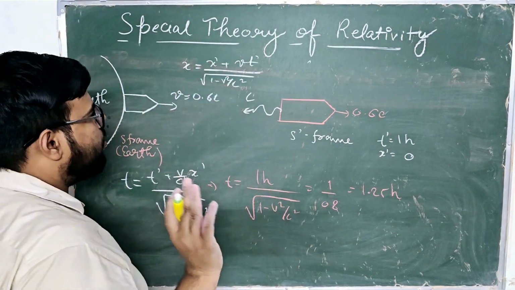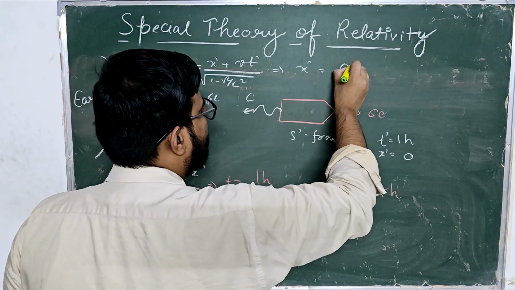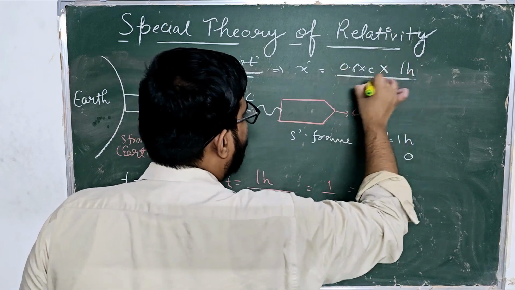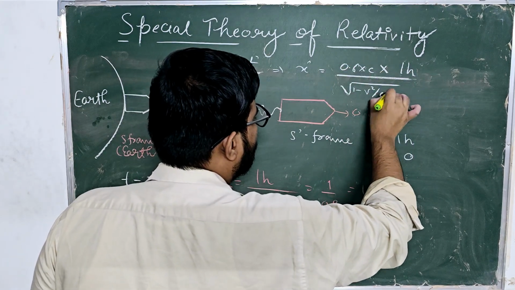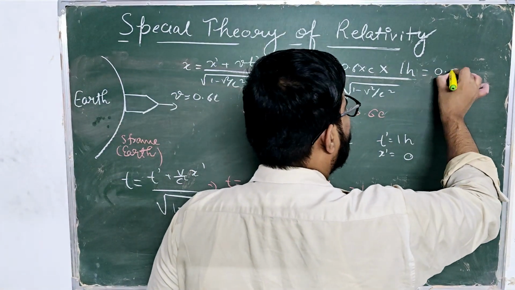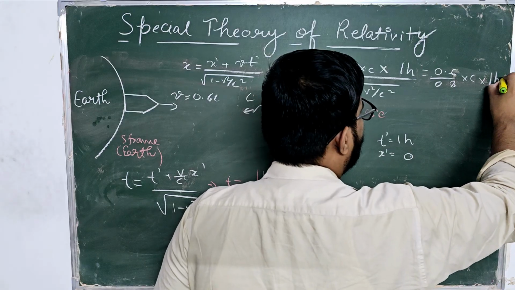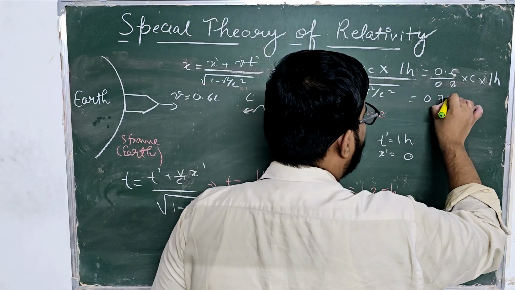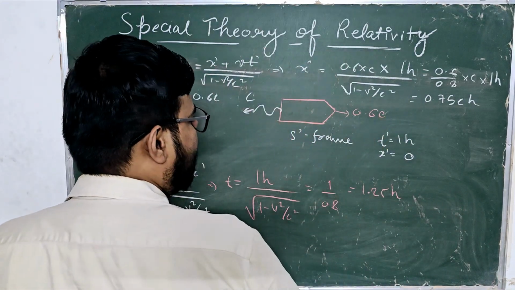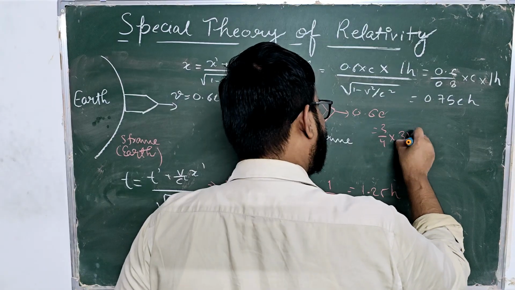Now again, x prime is equal to 0, so we will have x is equal to the velocity, 0.6 times the speed of light times 1 hour divided by square root of 1 minus v square by c square, right? And when you solve it, you will get 0.6 divided by 0.8 times the speed of light times 1 hour. So it is 0.75 c hours. Now you can substitute the value, so you get 3 by 4 times 3 into 10 raised to the power 8.